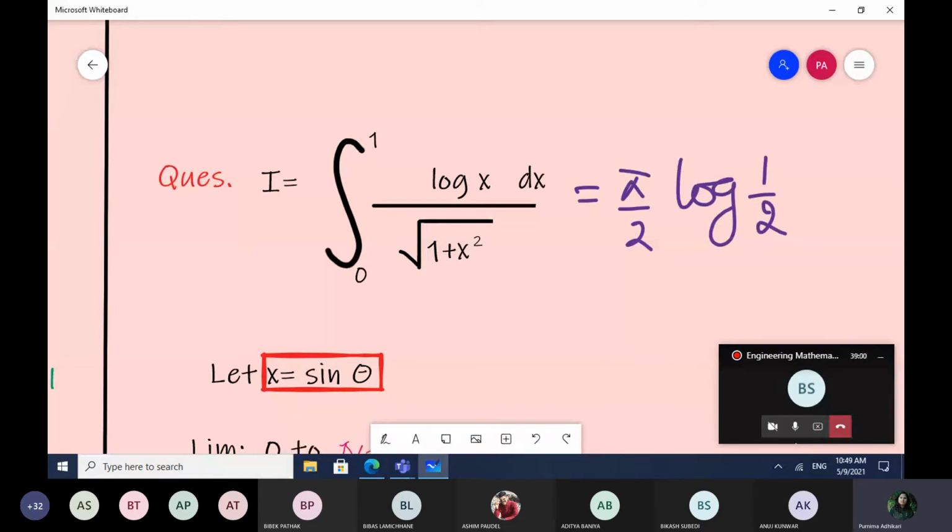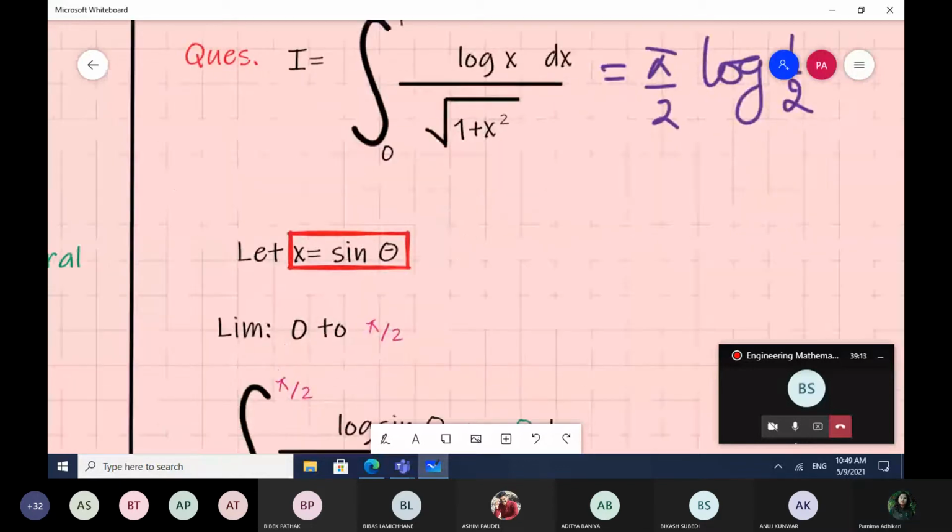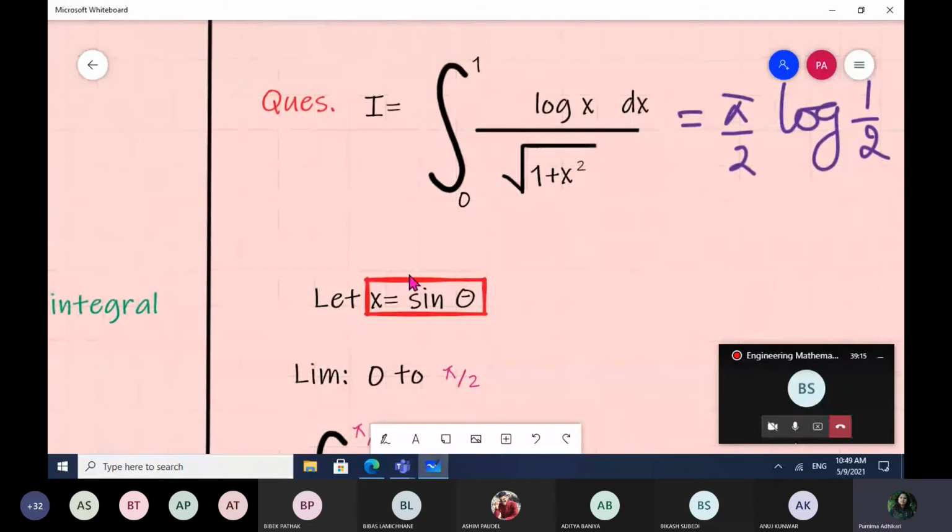So how are we going to do it? Your first step, let's simplify this integral. It looks complicated, so let's simplify it by applying substitution. What will be your substitution? You can clearly see your substitution will be replacing x by sine theta. Doing that, you are going to reduce your integral into a simplified function.